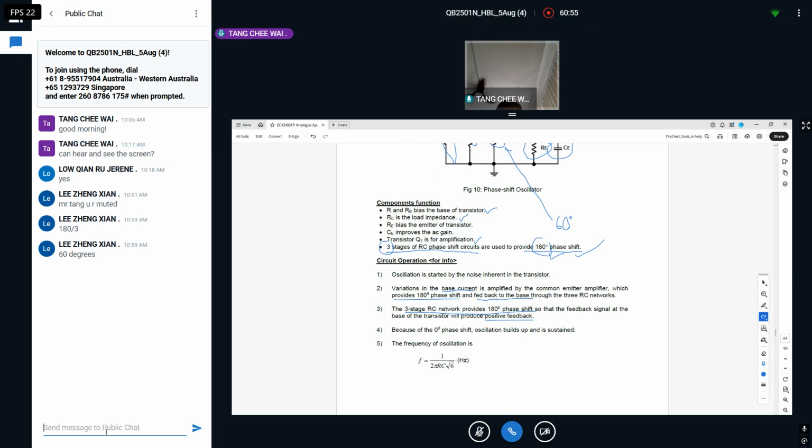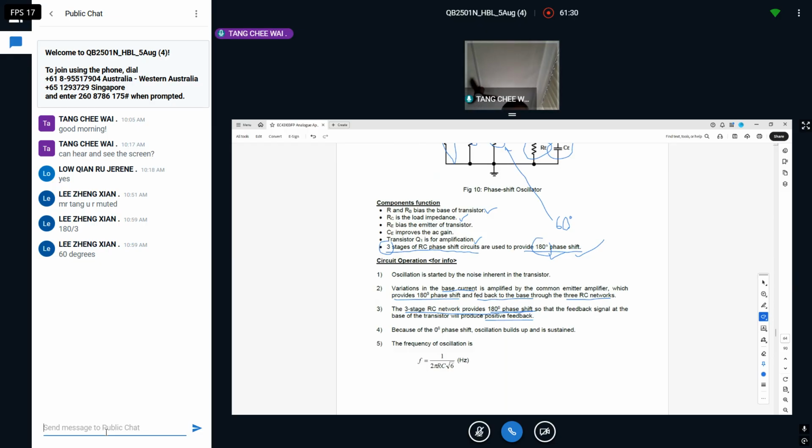Through the three main actors, the three RC circuits, they use one network circuit. It's because of this three-stage RC circuit that switches back the signal with a 180 degrees phase shift. So that the feedback signal at the base of the transistor will be positive.